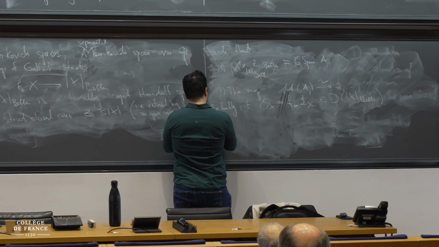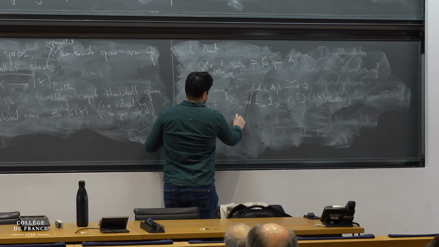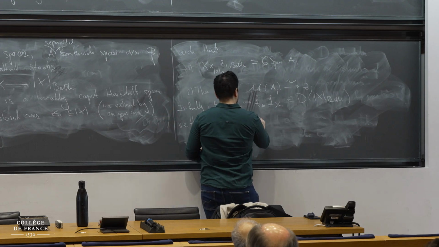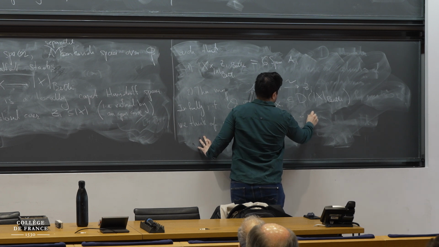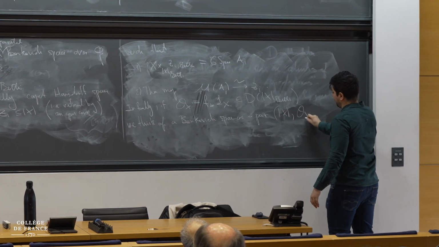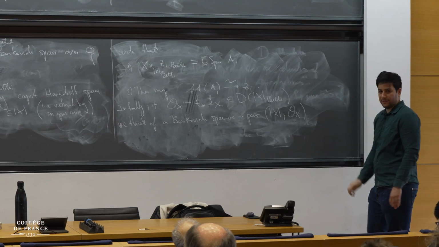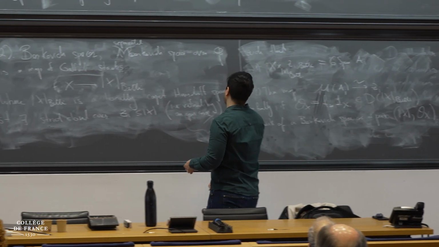We think of a Berkovich space as a pair which is just a topological space and some kind of a structural sheaf, with the caveat that this structural sheaf is maybe valued in these Gelfand rings.